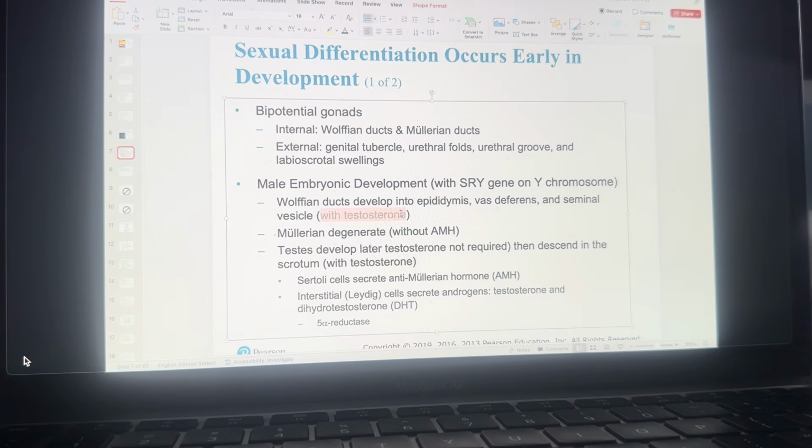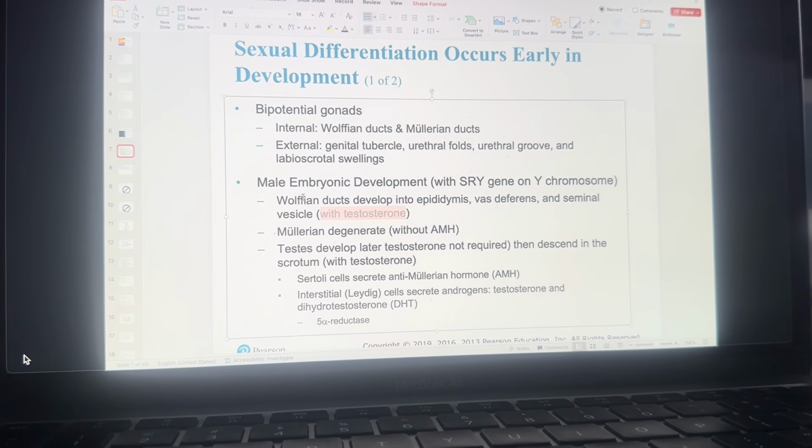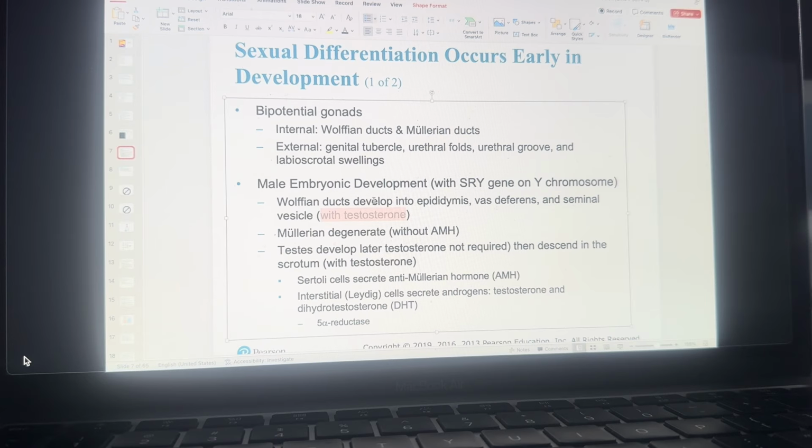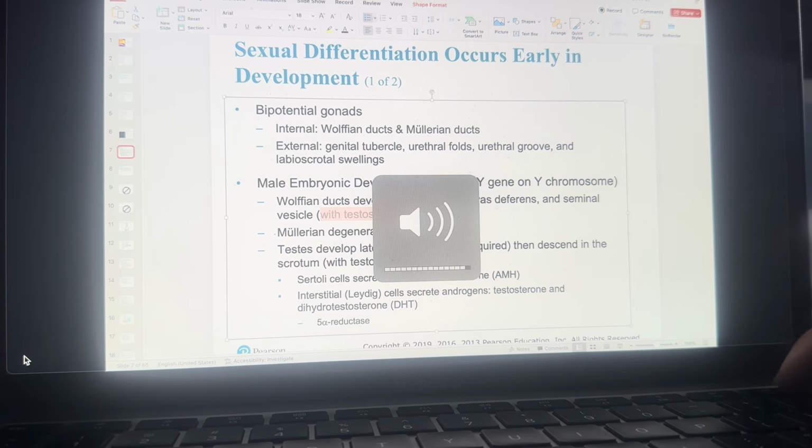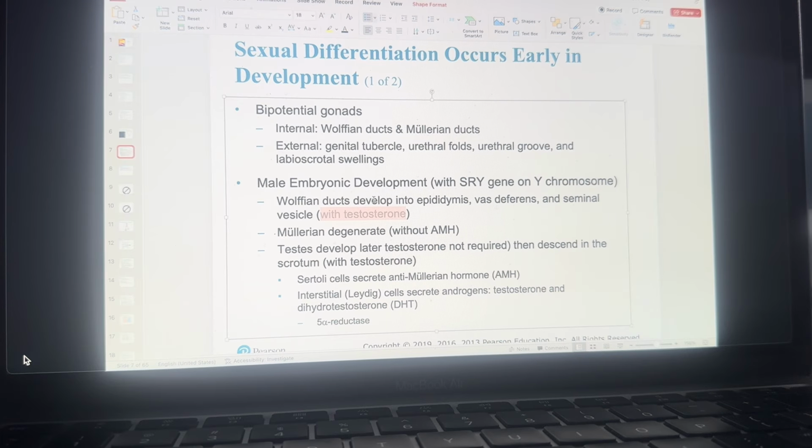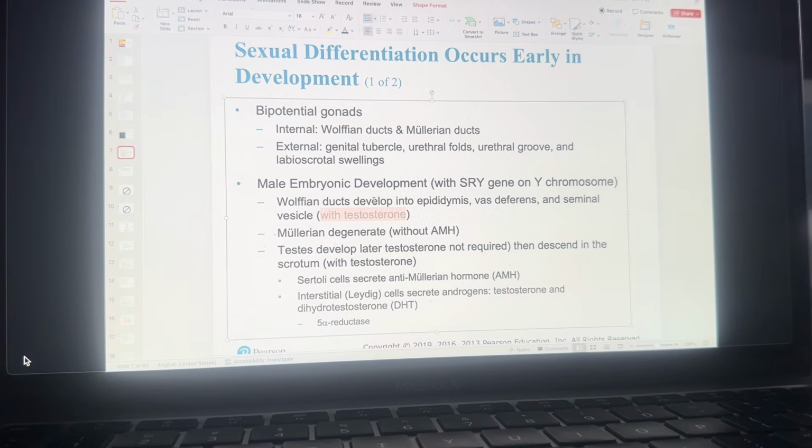And so the production of testosterone is going to develop the Wolffian ducts, which become the epididymis, the vas deferens, and the seminal vesicles, right? At the same time, those Mullerian ducts, which are structures for female characteristics, are going to degenerate, right? And then the testes will develop later with the production of high levels of testosterone during puberty, okay?